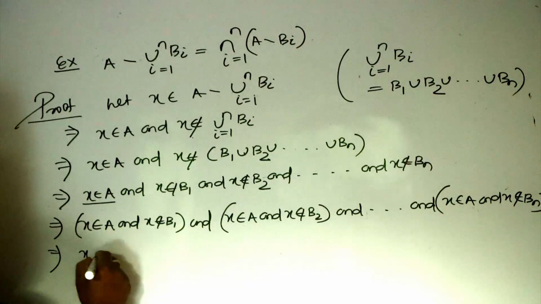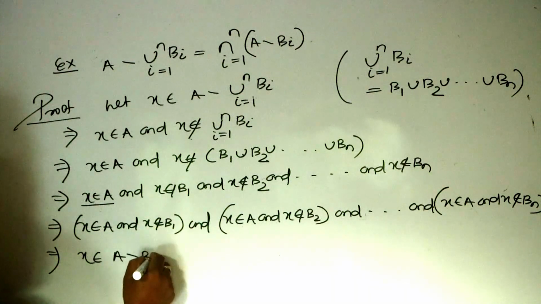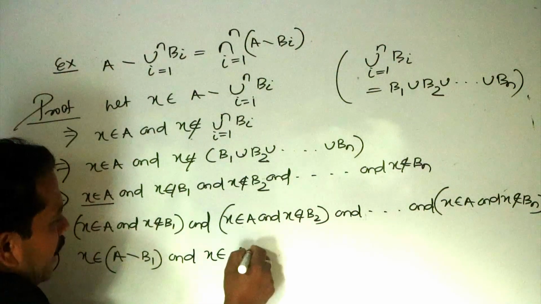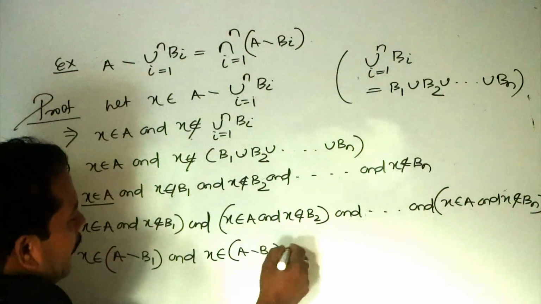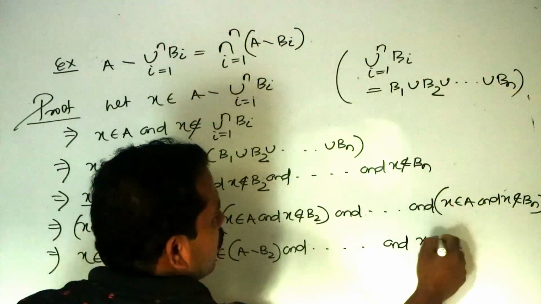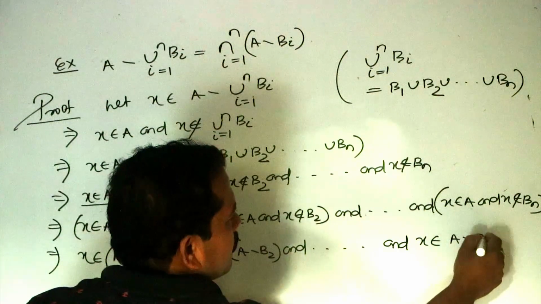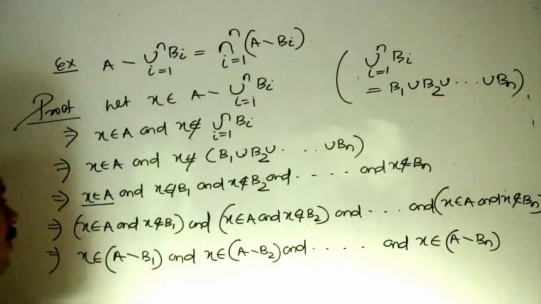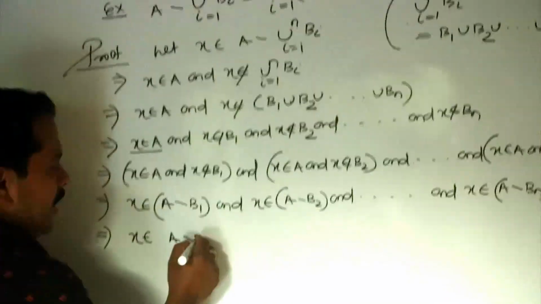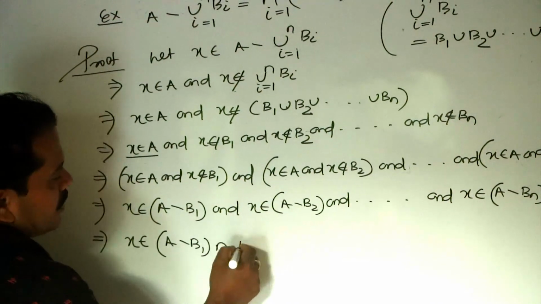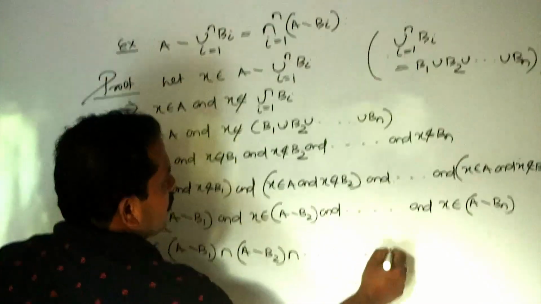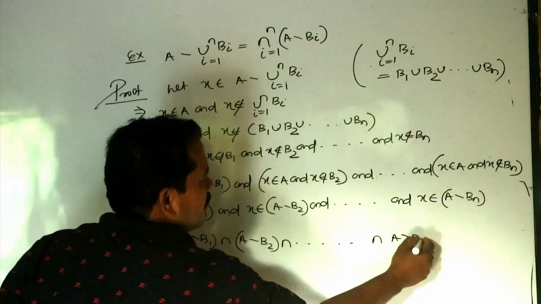Now we can write X belongs to A difference B1 and X belongs to A difference B2 and dot dot dot and X belongs to A difference Bn. Now we can write as X belongs to A difference B1 intersection A difference B2 intersection dot dot dot intersection A difference Bn.